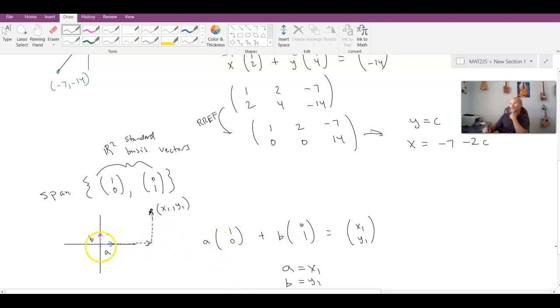So a multiples of the 1, 0 vector plus b multiples of the 0, 1 vector will take me to the point x1, y1. So these span all of R2. And that's just a fancy way of saying that I can get to anywhere I want in 2 dimensions.